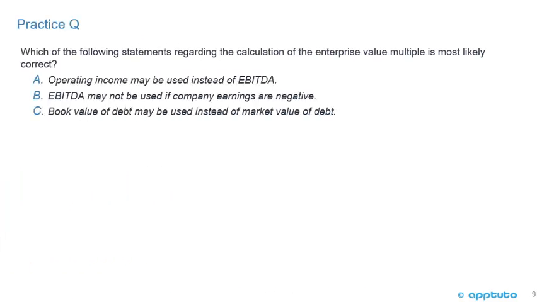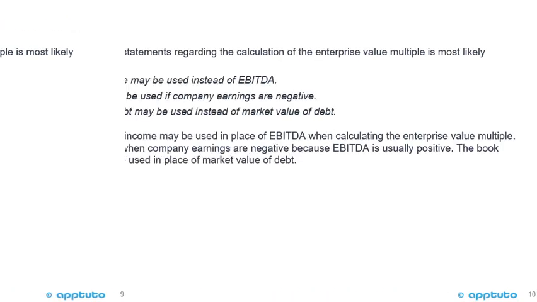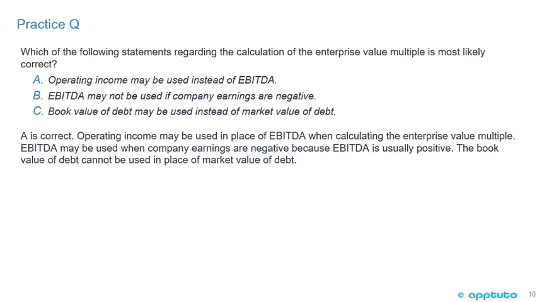We'll do a theory question now, no calculation. Which of the following statements regarding the calculation of the enterprise value multiple is most likely correct? A, operating income may be used instead of EBITDA. B, EBITDA may not be used if the company's earnings are negative. Or C, book value of debt may be used instead of market value of debt. Well, I think that question is not too difficult. A is correct.